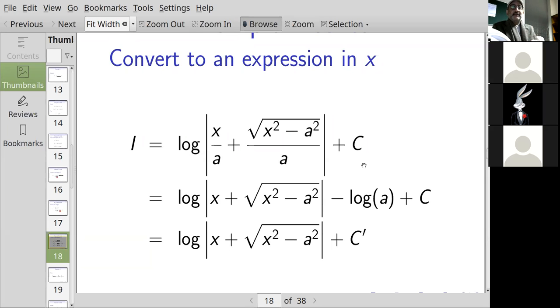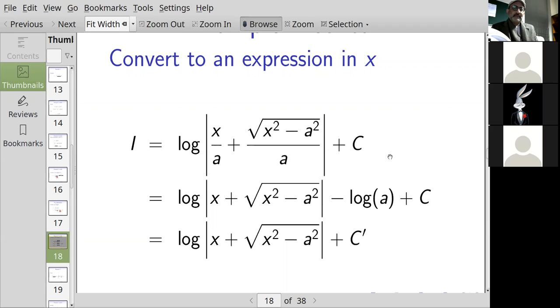This is log of the absolute value of x plus the root of x squared minus a squared, minus the logarithm of a, plus c. And the logarithm of a is a constant plus another constant, so you can combine it as another constant. But as I said, the first result is perfectly fine as an answer. You don't have to go doing these other gymnastics. Okay.